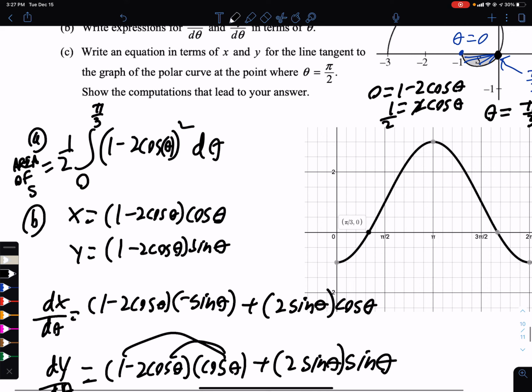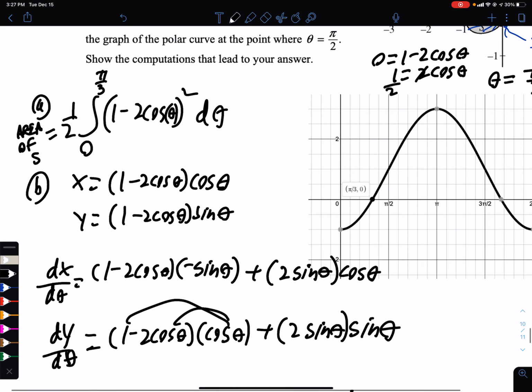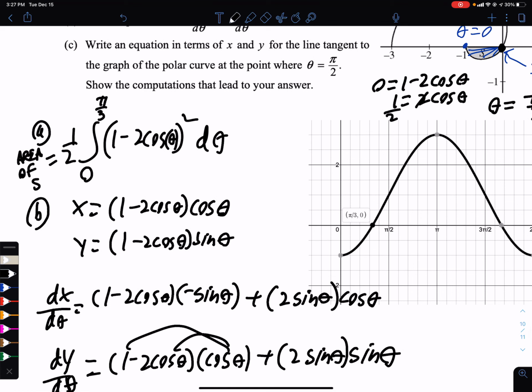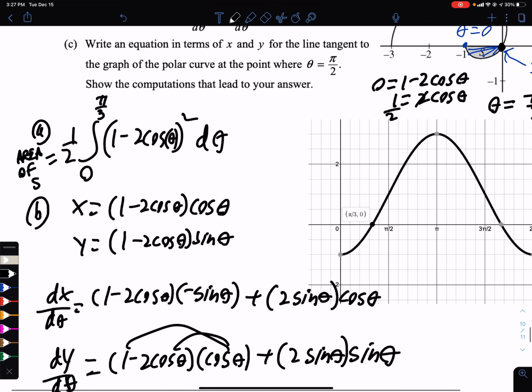Part C, write an equation in terms of x and y for the line tangent to the graph of the polar curve at the point where theta is pi over 2. So we need the x and y coordinate and the slope.